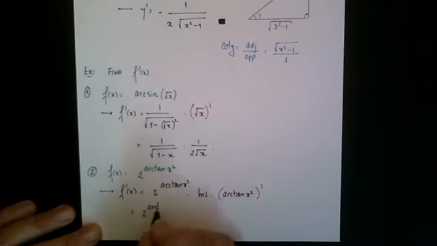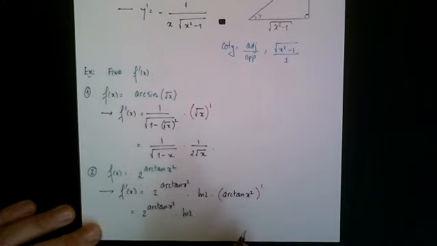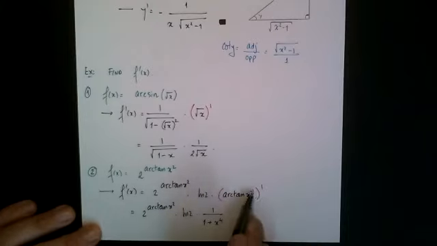2 to the power of arctan of x squared times ln 2, and the derivative of the arctan is 1 over 1 plus the inside here squared. So x to the fourth, times the derivative of x squared, which is 2x.